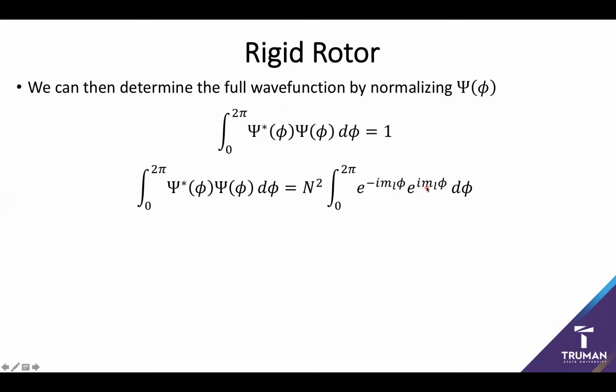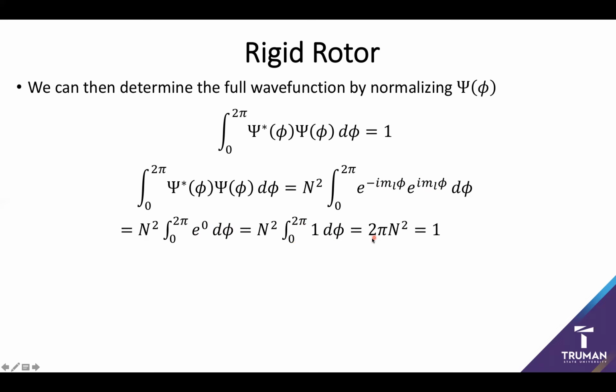So i times the quantum number times phi minus i times the same thing, that goes to 0. So when this goes to 0, any exponential of 0 is 1, as we already demonstrated. So then I just have the integral of d phi from 0 to 2 pi, which is just the same as 2 pi minus 0, so 2 pi.